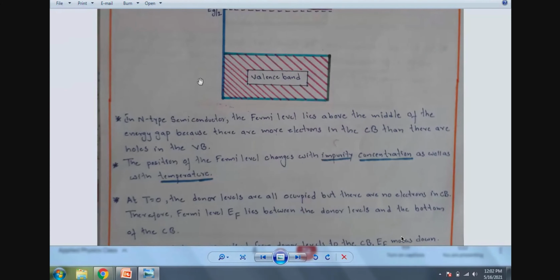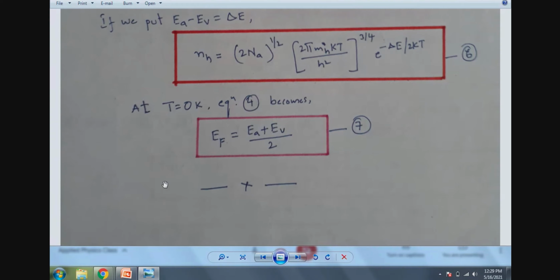Here. You put T is equal to 0 here, so it becomes EF is equal to (Ea plus Ev) by 2. So we can say that the Fermi level is exactly halfway between the acceptor level and the top level of the valence band, right?